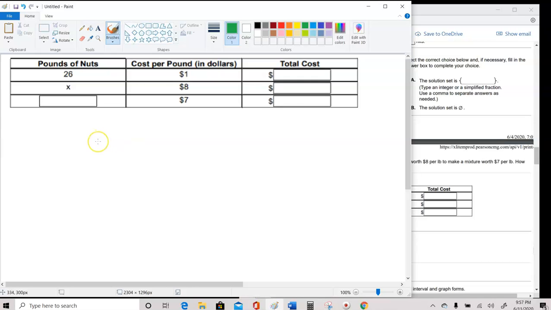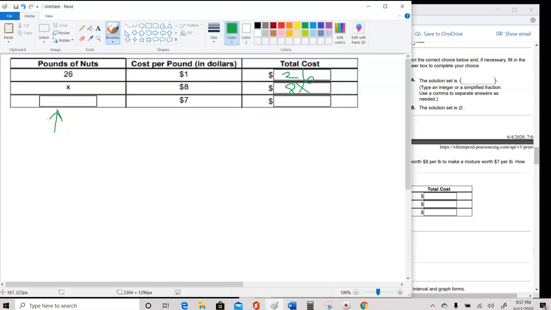Now, 26 pounds of nuts that cost $1 per pound. The total cost would be 26 times 1, or $26. The amount of nuts at $8 per pound, we don't know that amount. That's labeled X. So the cost would be 8 times X. And then this missing cell, we're mixing the nuts together.